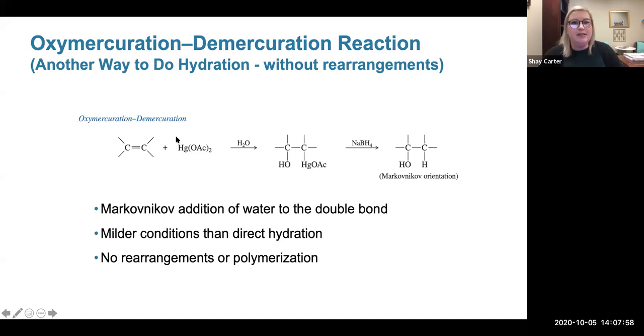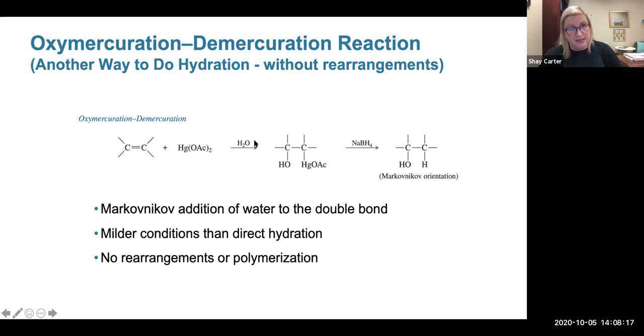Okay, the steps. What happens first is we have mercuric acetate. It's this Hg, and then it's got two acetates here. So it looks like this, okay?